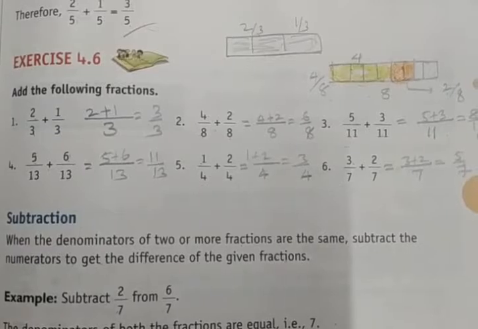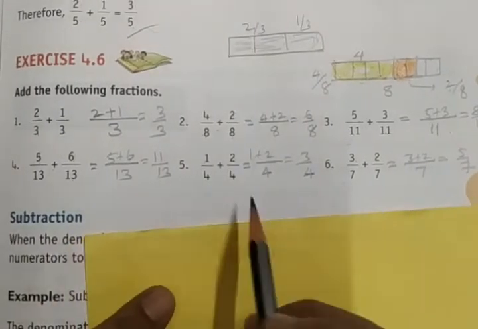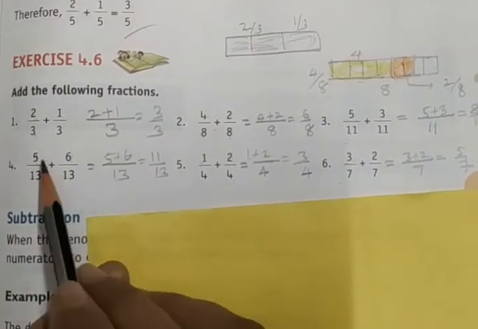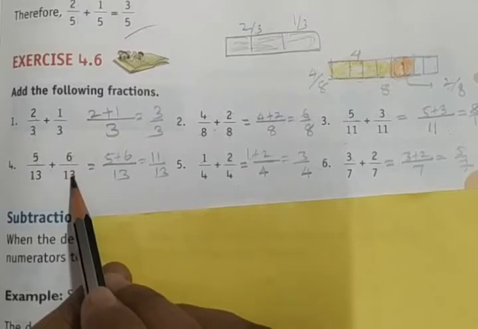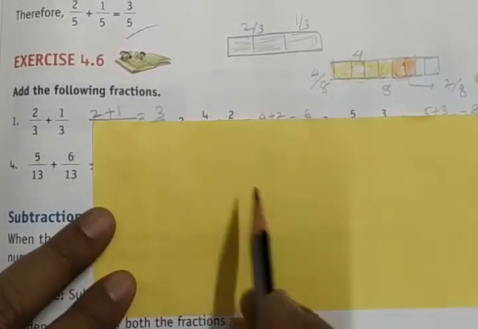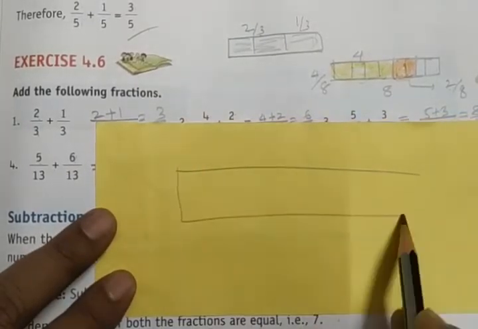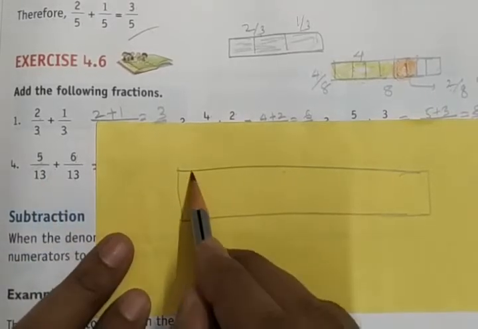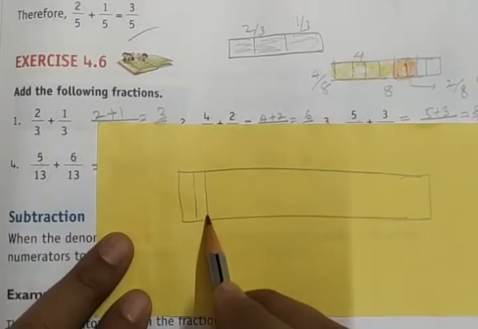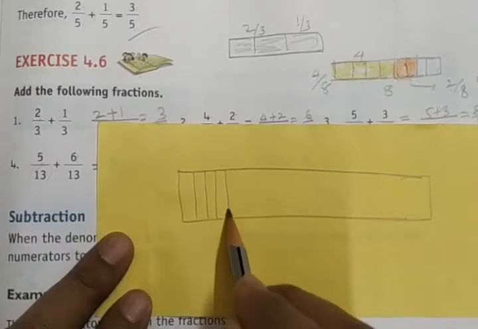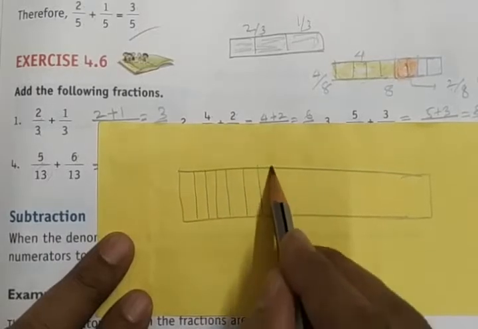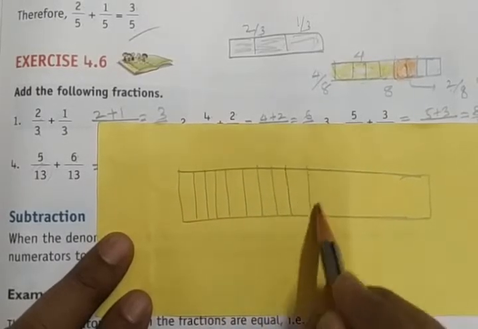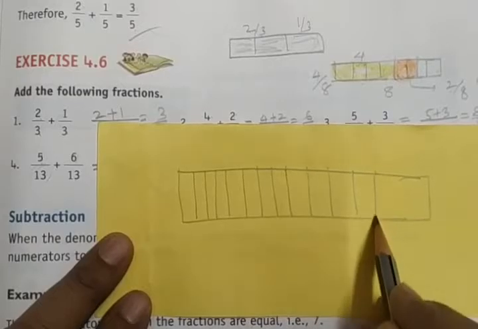Okay. So here I will show you one more example. This is 5 by 13 plus 6 by 13. Okay. One whole is made of 13 parts. 1 part, 2 parts, 3 parts, 4, 5, 6, 7, 8, 9, 10, 11, 12, 13.